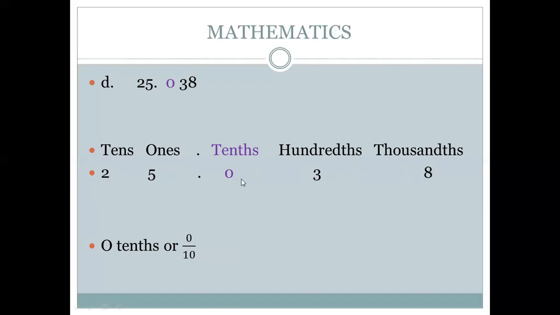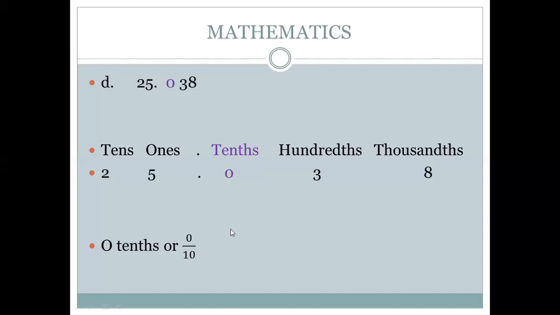It means we start our table from thousandths, then hundredths, then tenths, then you put the decimal, then ones and tens, because 25 is the whole number, before the decimal. And now see where 0 falls. 0 falls on the tenths place. It means we write 0 tenths, or 0 over 10.